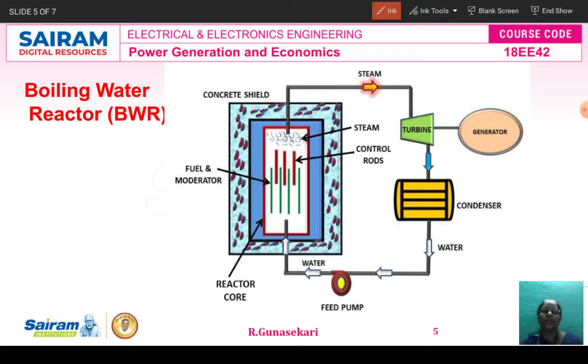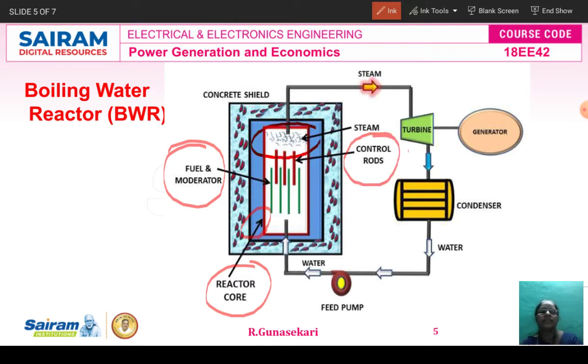The boiling water reactor consists of the reactor core. So this is the reactor core. Then the green vertical line represents the fuel and moderator, and the red thick vertical line represents control rods.